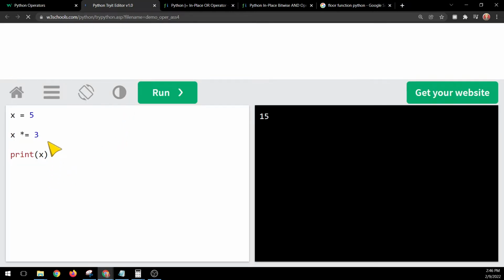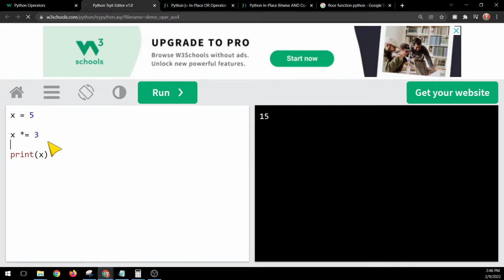So x is equal to 5. x times equals 3 is basically the same as x equals x times 3.